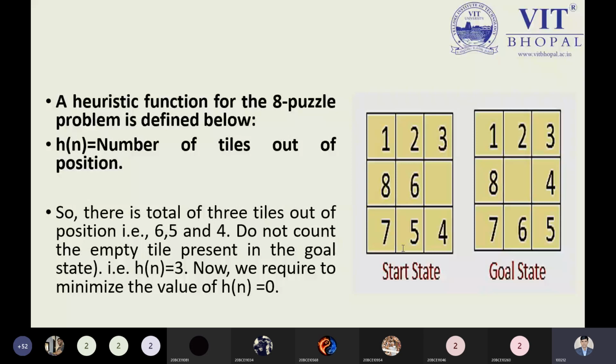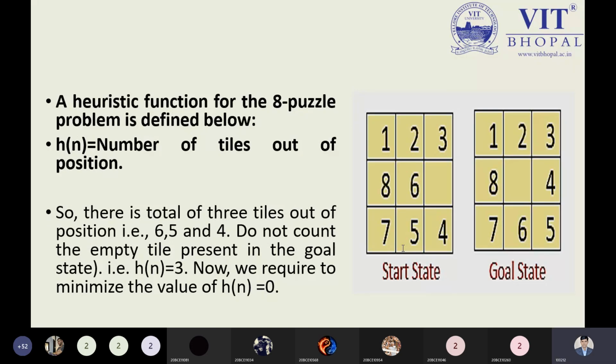There can be 4 moves: left, right, up, and down. There can be several ways to convert the start state to the goal state, but we can use a heuristic function to solve this problem in a more efficient manner.